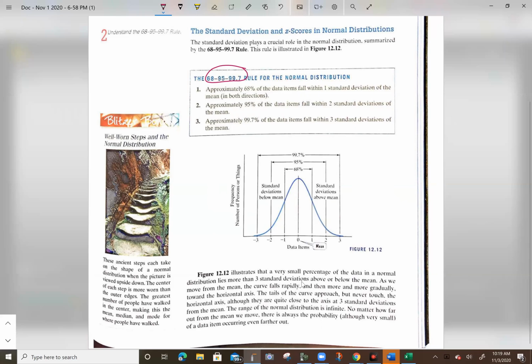Everybody on this side is going to be feeling pretty good about their score. The farther you get, the better your score is. Everybody on this side is maybe not going to be feeling as good about their score. But let's say this is all of the students in the United States. I'm not sure off the top of my head how many students take it, but 68%, so more than half, all of their scores are going to fall within this area right here, okay?